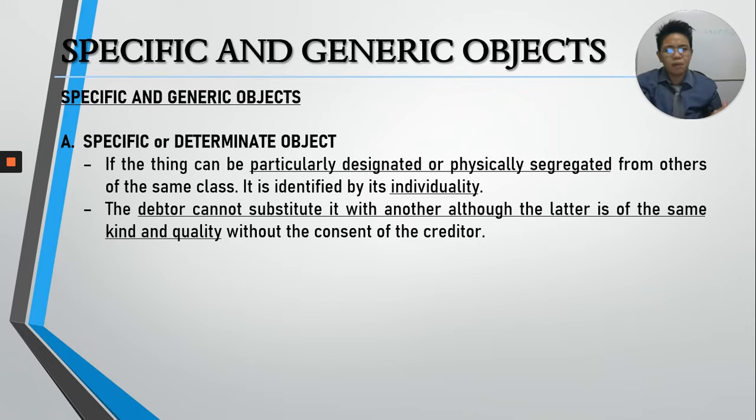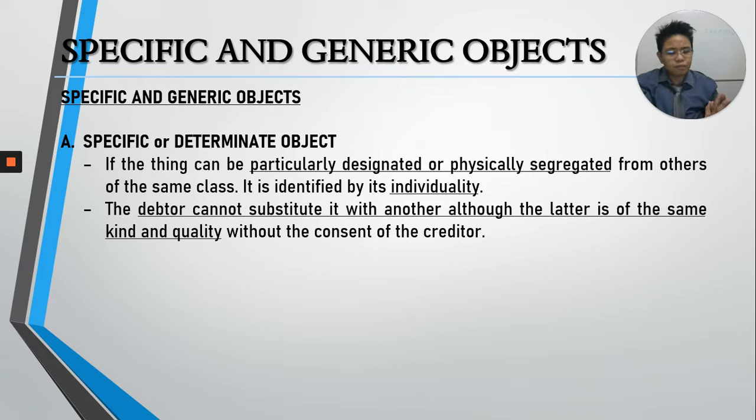Bakit na naman hindi pa rin specific or determinate object yung red Toyota Vios? Again, tumayo kayo sa harap ng TSU. Tingnan nyo kung gaano kadami ang pulang Toyota Vios na dadaan. Again, marami na naman. So here, the object is not identified by individuality. It is not unique. Hindi pa siya specific.